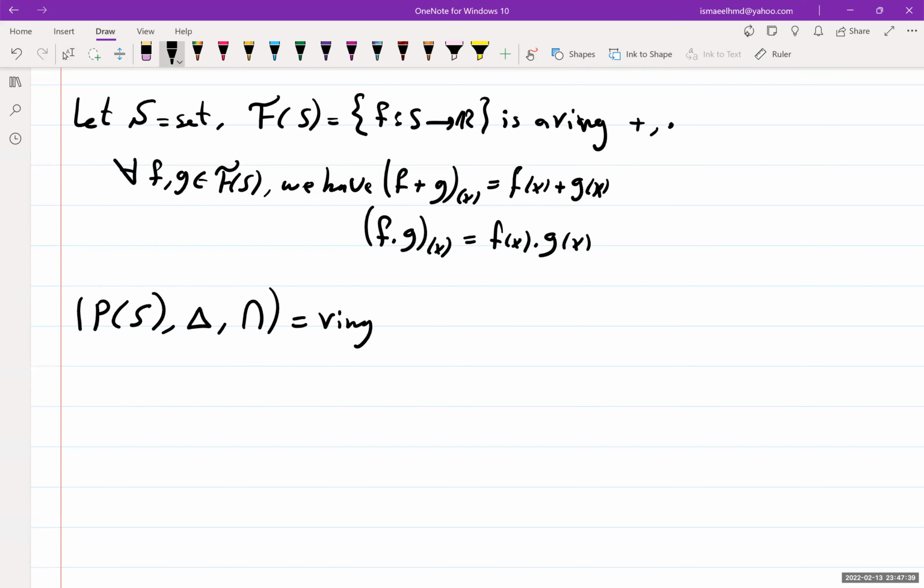Of course, this ring has identity, which is S, and its zero element is phi.